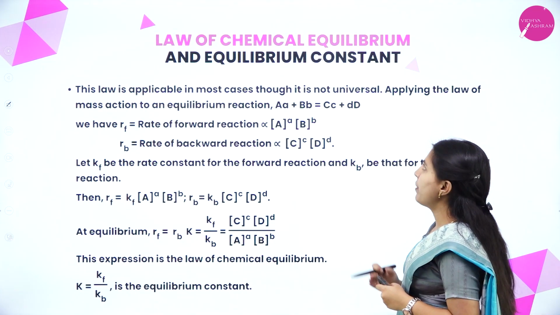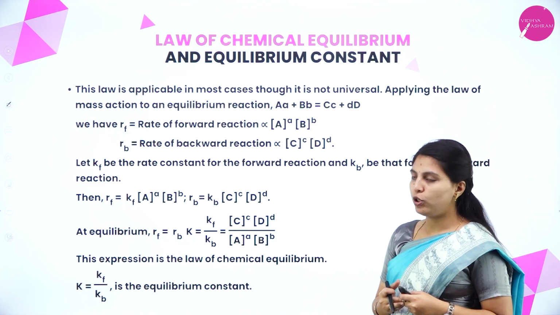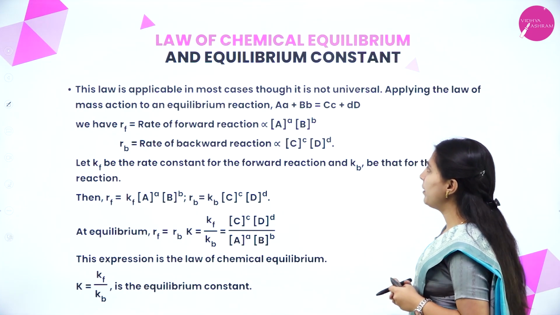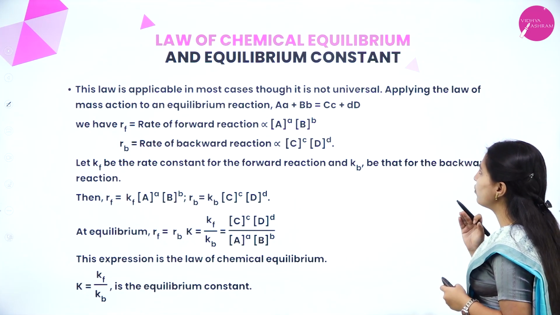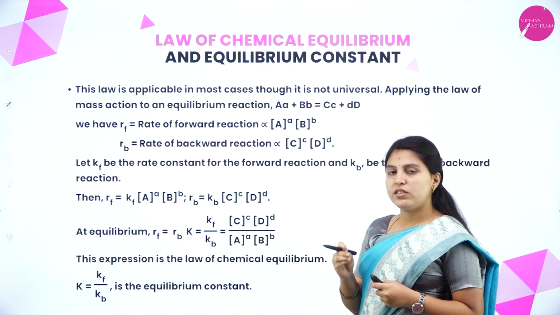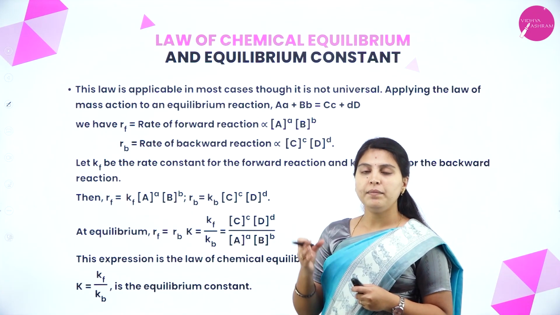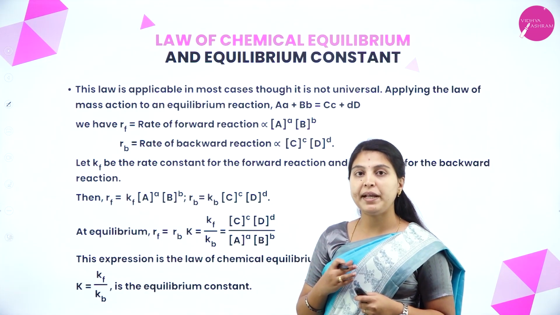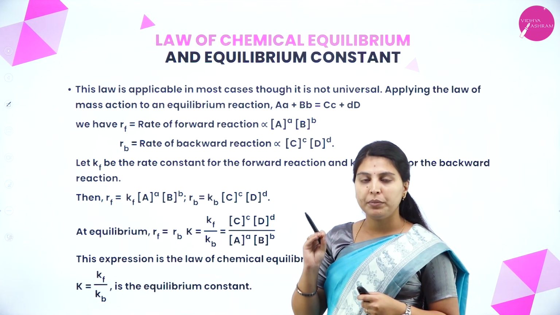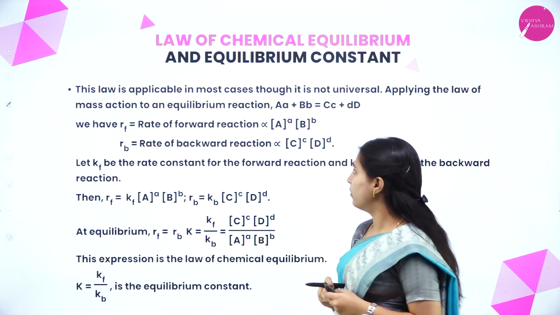Next, law of chemical equilibrium and equilibrium constant. This law is applicable in most cases, though it is not universal. Though the equilibrium law is not universal, many of the reactions follow this law.